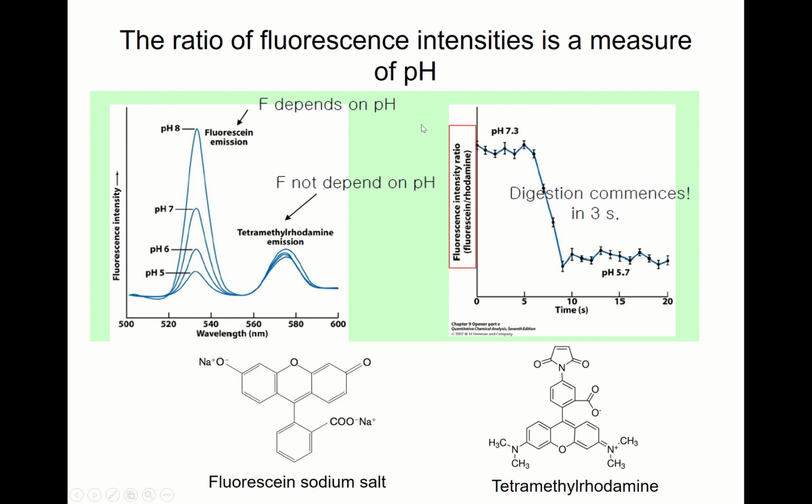The internal pH becomes more acidic, so that the digestive enzymes work actively. This small illustration shows the importance of measuring pH, in this case inside the cell. So now we study one by one.